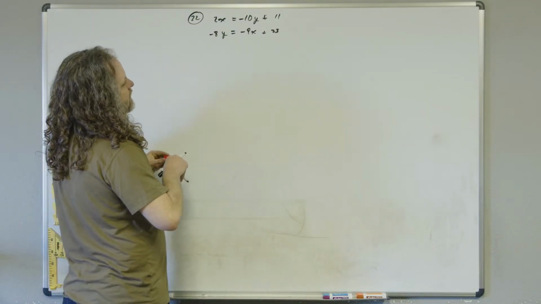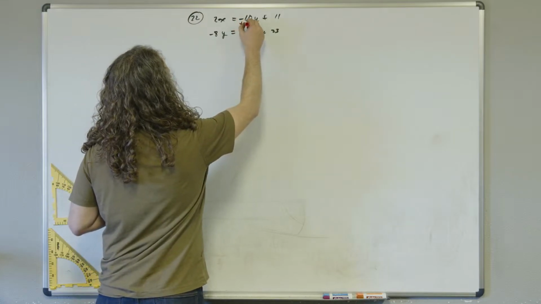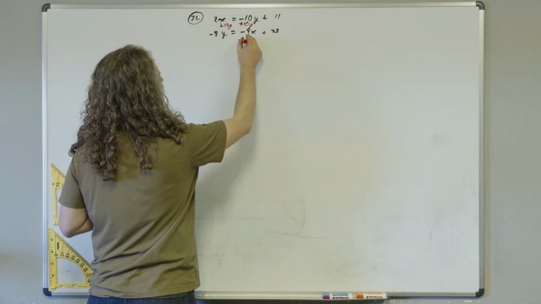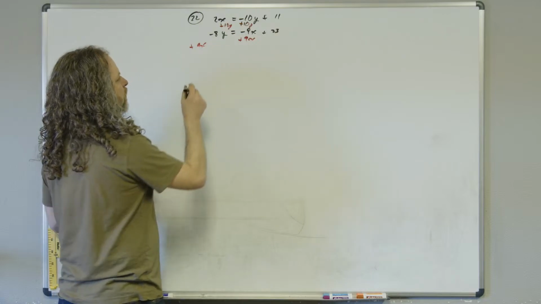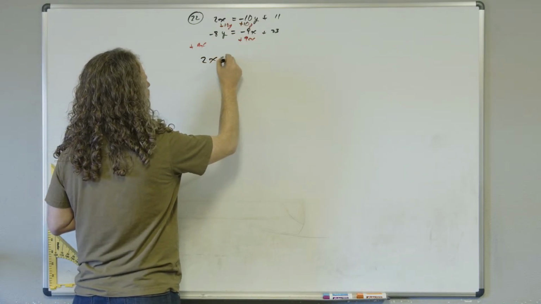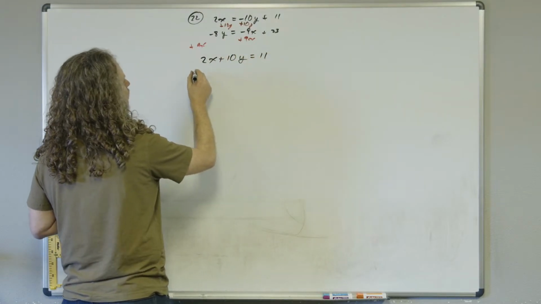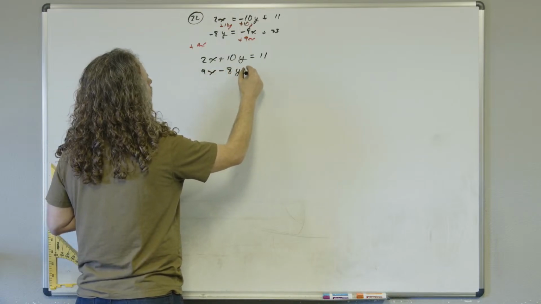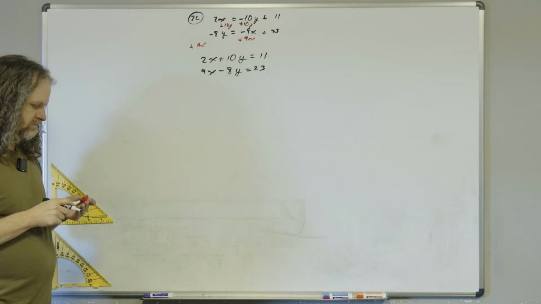So we'll add 10y on the top one, plus 10y on the bottom. We'll add 9x, plus 9x. So we'll have the system 2x plus 10y equals 11 and 9x minus 8y equals 23. Now what?